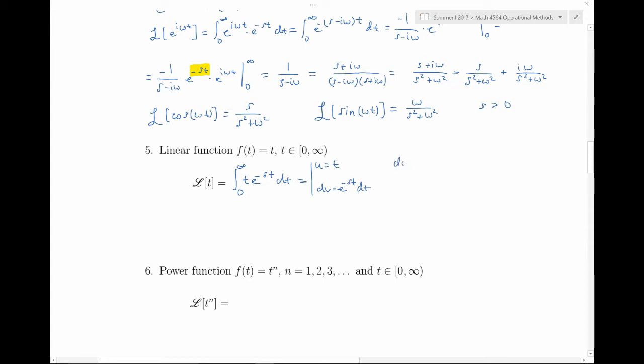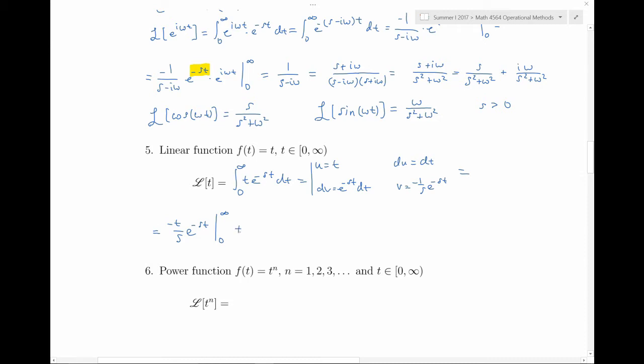That makes du just dt, and v is minus 1 over s e to the minus st. So this integral transforms into minus t over s e to the minus st evaluated from 0 to infinity.